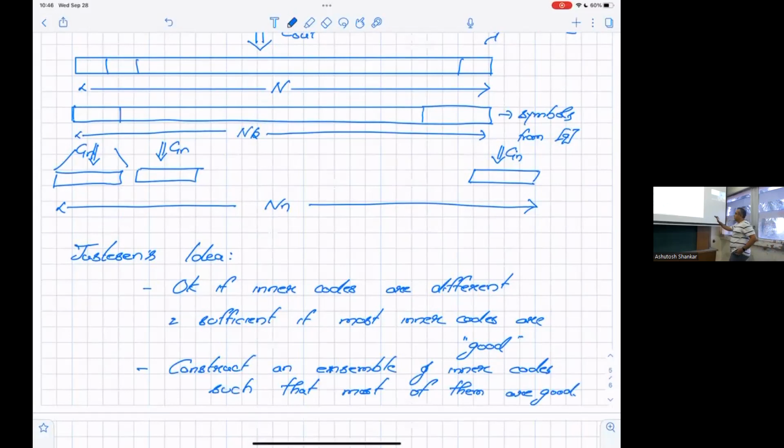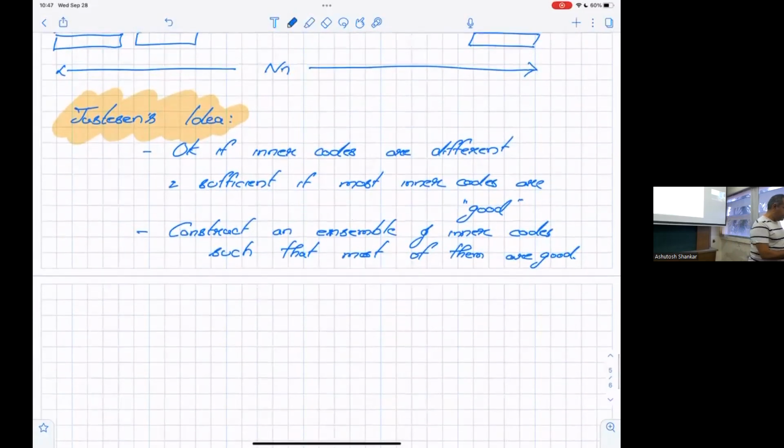Okay. So this is an idea. Here he credits this construction of the ensemble to Wozencraft. Justesen credits it to Wozencraft. So let's write down both these.